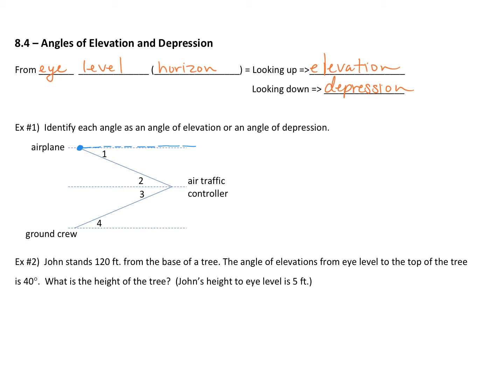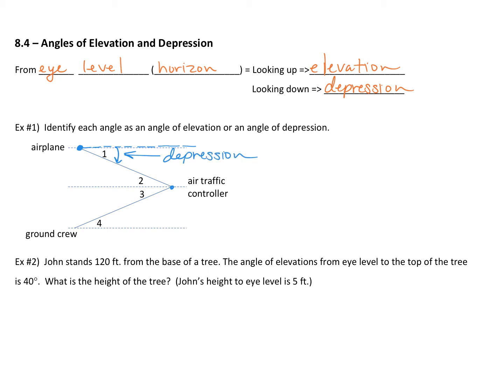If they look to air traffic control down here, did they have an angle of elevation or depression? Depression, right? They had to look down to see the air traffic controller from the horizontal line. So angle 1 is an angle of depression.